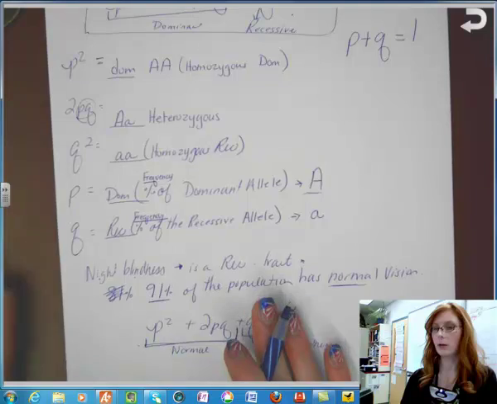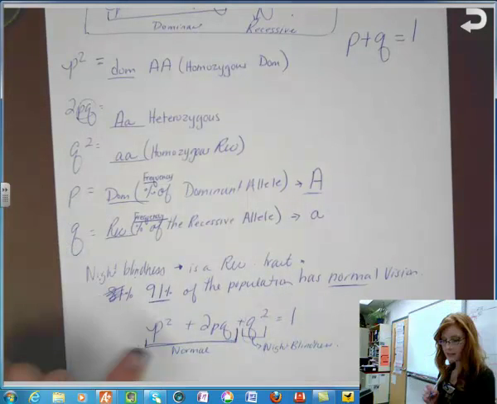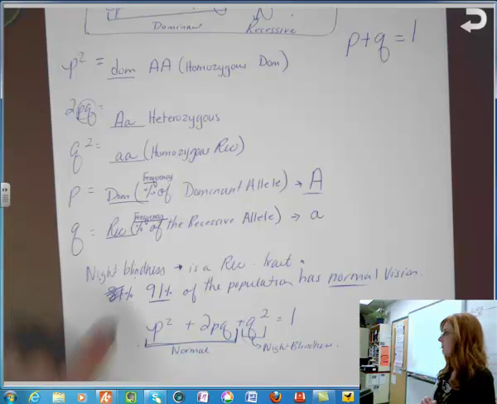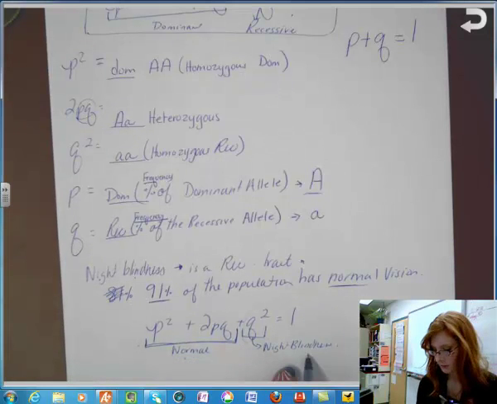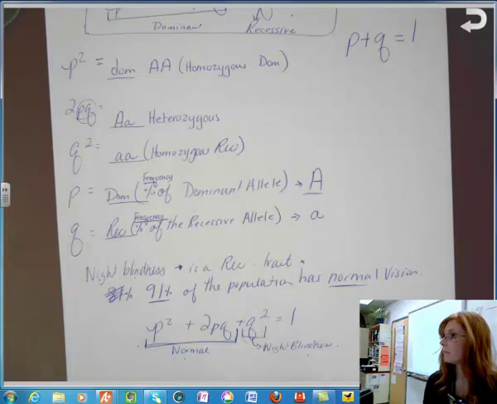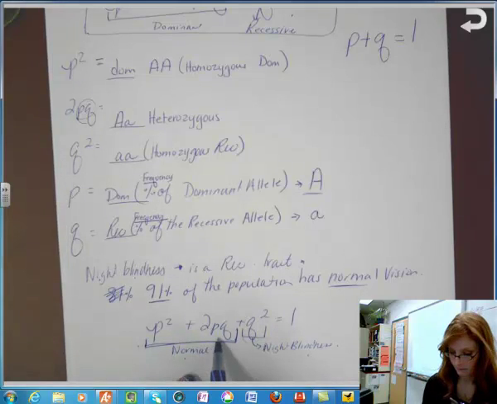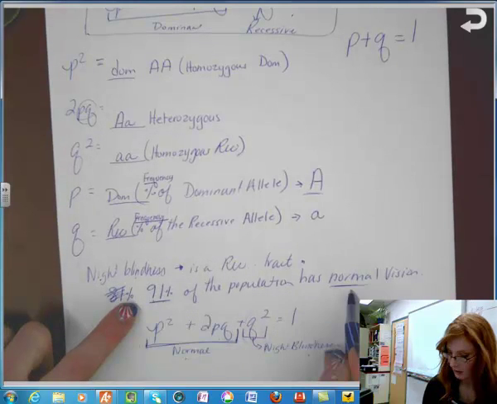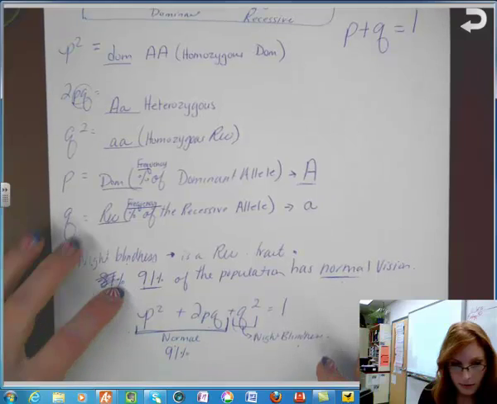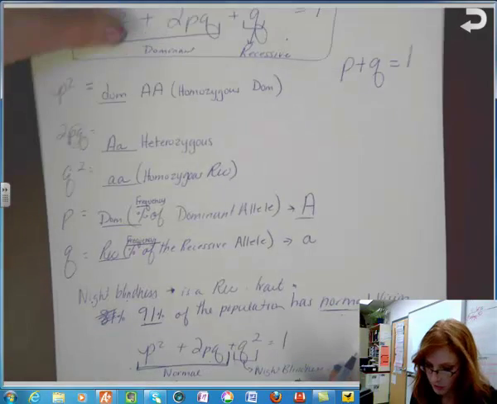Okay? Now, I said 91% of the population has normal vision. So is that this number or this number? Right? I said 91% is normal, so I'm going to write 91% here. And often we convert it to a decimal.